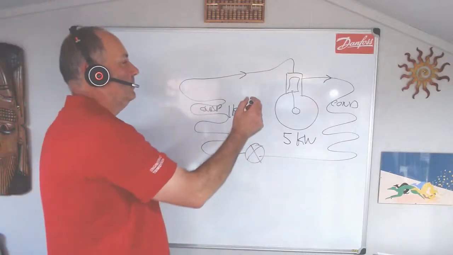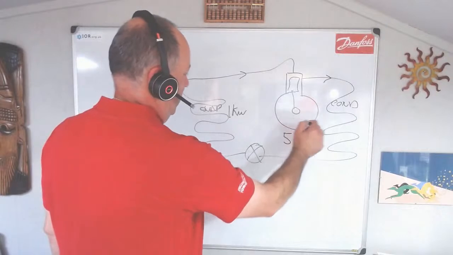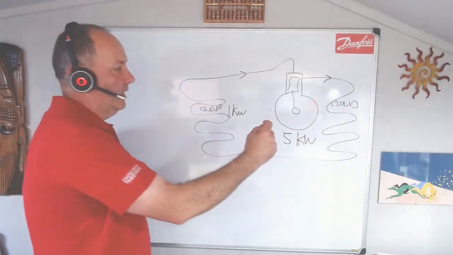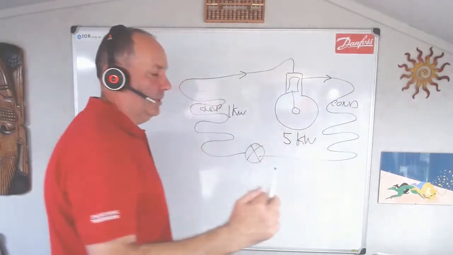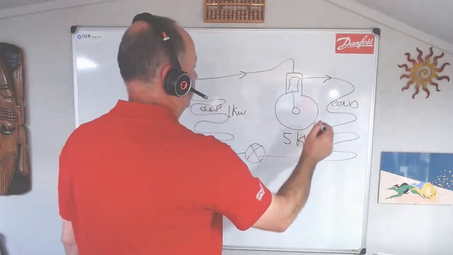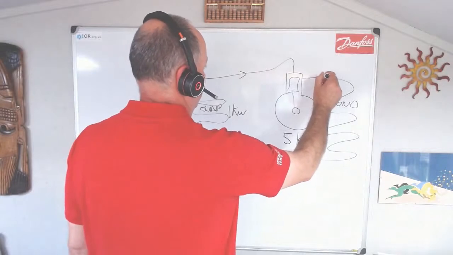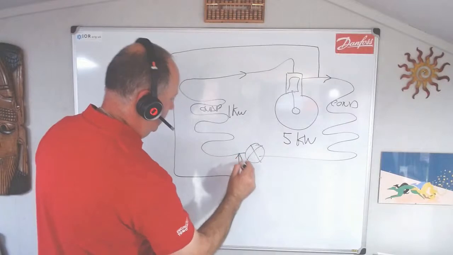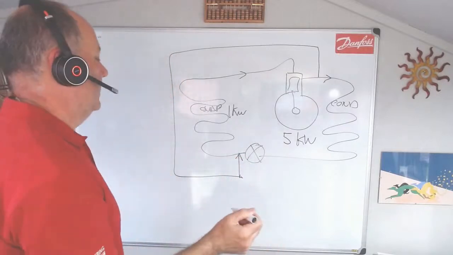So we need to either reduce the speed of our machine, which we can do with a variable speed drive, or we need to reduce some capacity. So we could do a hot gas bypass, and we could take a bit of the discharge gas and dump it into the evaporator here, a bit like a hot gas defrost.